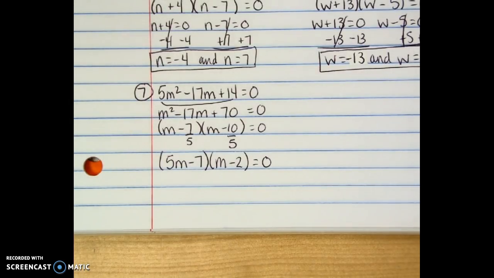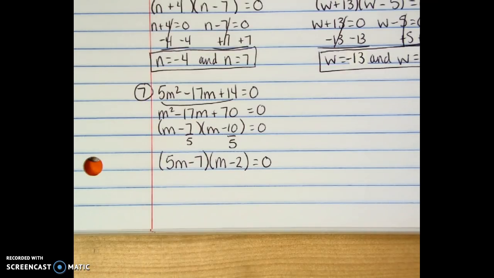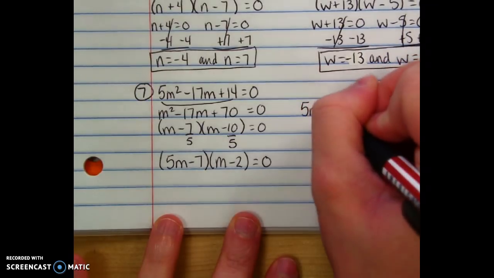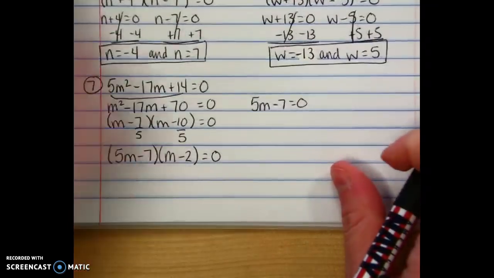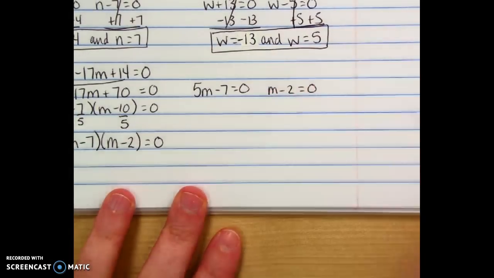Now I set each of those equal to 0, and you are going to get a decimal on this one. If you get any decimals, just round to 2 decimal places, so the nearest hundredth. So 5m minus 7 equals 0, and m minus 2 equals 0.